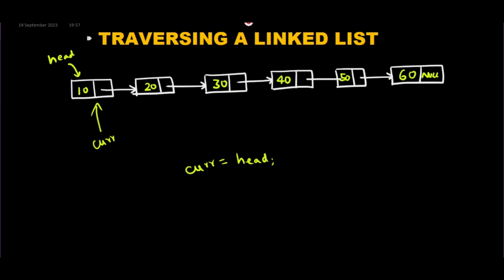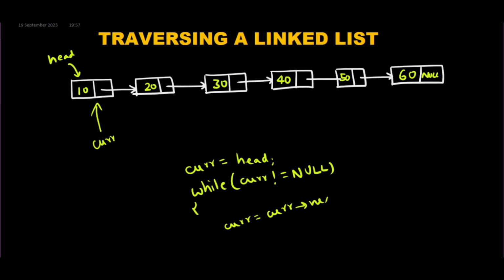so how can we write code for this? Let's suppose we write: we will keep on moving while current doesn't become equal to null. So while current not equals null, we will keep on moving. How will we move? We'll do current equals current next.